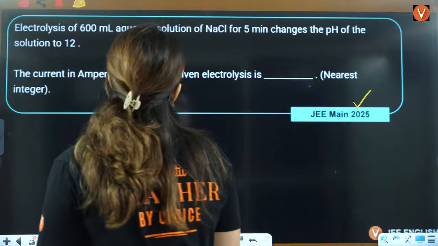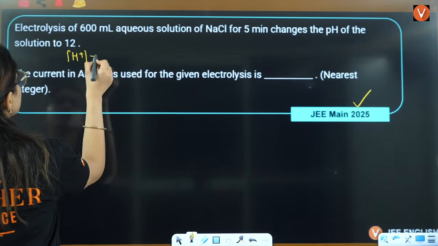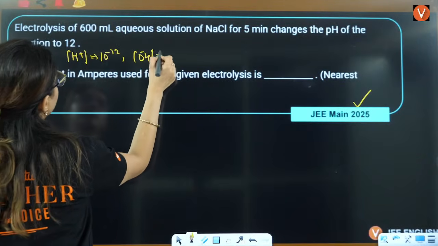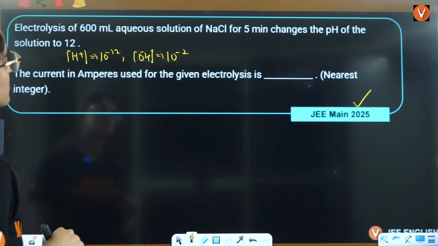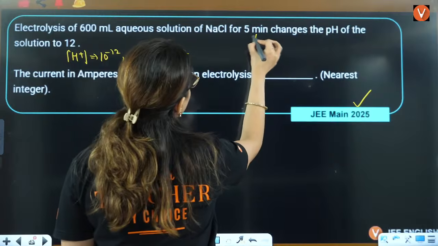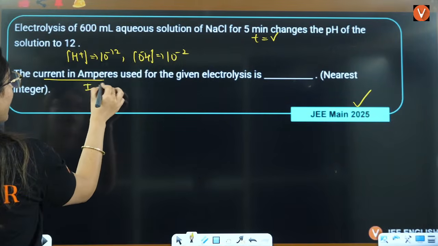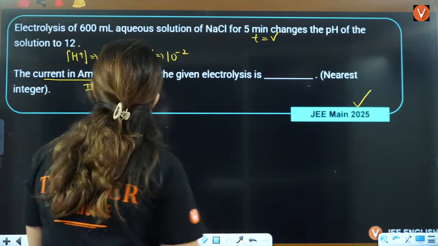That means pH 12, so the H positive concentration will be 10 raised to power minus 12, and the OH negative concentration will be 10 raised to power minus 2. Time is given, and they are asking you for the current in ampere, that is I, for the given electrolyte.